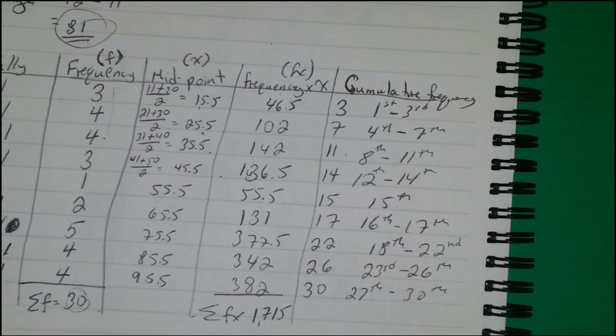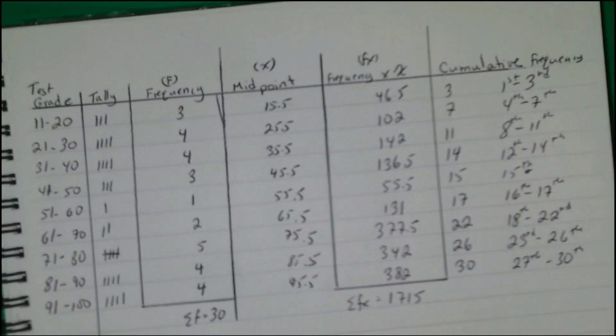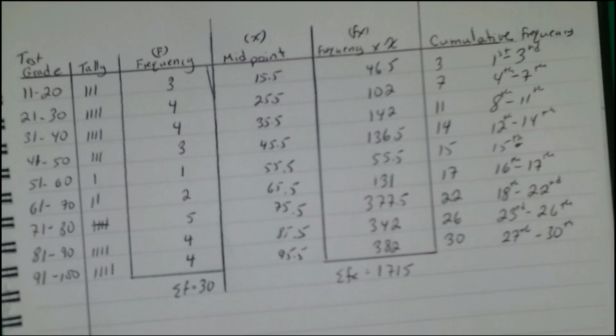Now what we want to do today is take a look at the same data, but in this case we're going to find the measures of central tendency, the range, measures of dispersion, the interquartile range, and the semi-interquartile range.